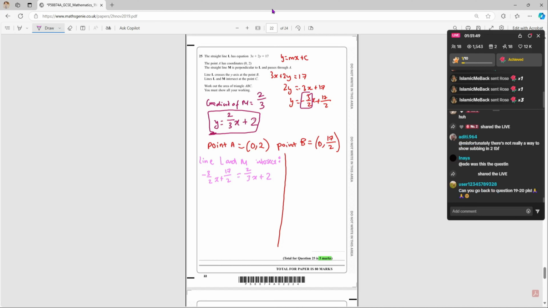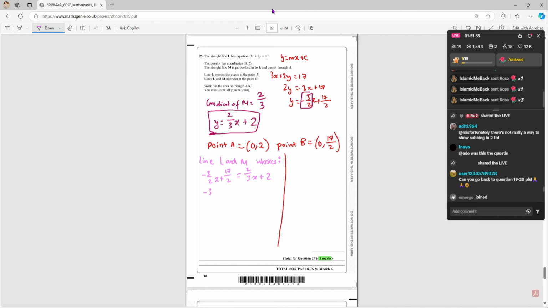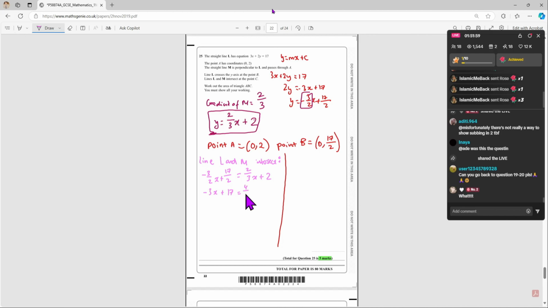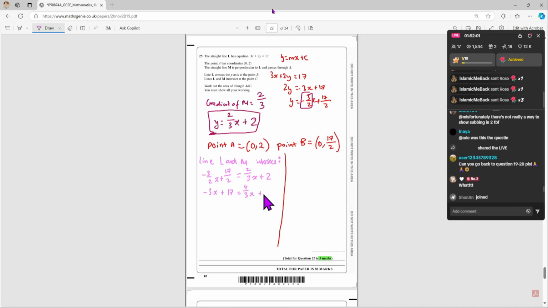Then you're going to find the value of x. Multiply by 2 to get minus 3x plus 17 is equal to 4/3 x plus 4.